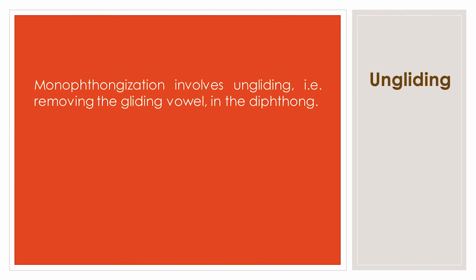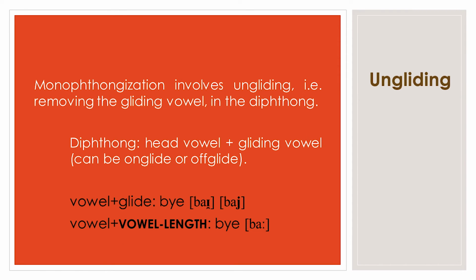To look at this from a different angle, monophthongization involves ungliding, which means removal of the gliding vowel in the diphthong. We learned in the previous videos, a diphthong consists of a head vowel and a gliding vowel. In monophthongization, you remove that gliding section.